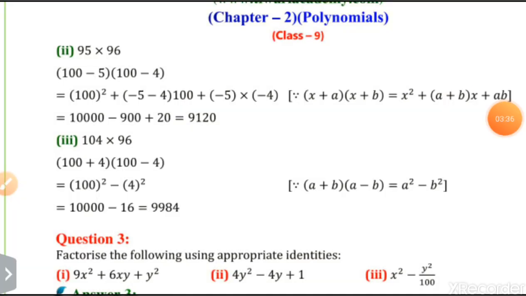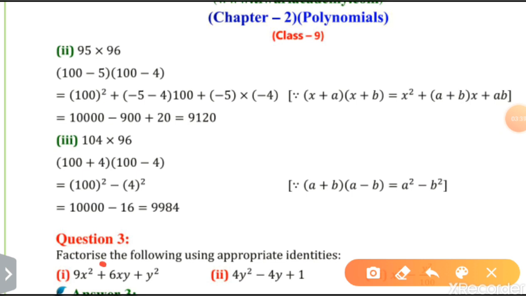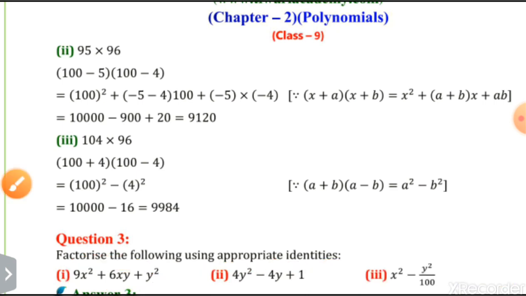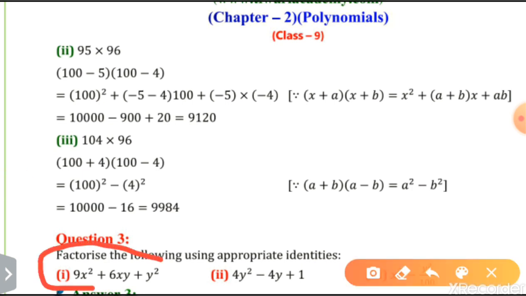In question number 3, first part, you have to solve these three equations. In the first part, we have done this same type of question in class 8th also. This is (a plus b) whole square. Now you have to identify what is a and what is b.